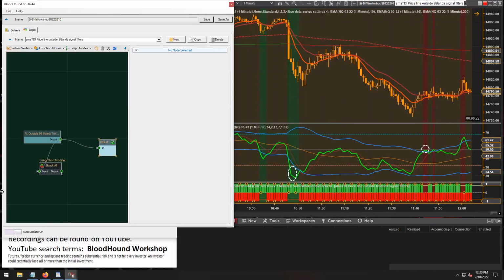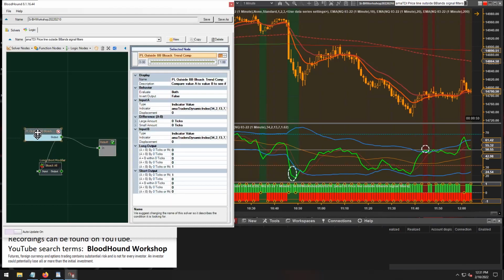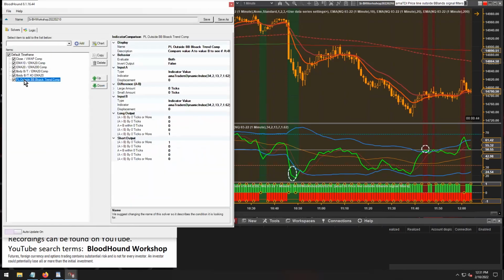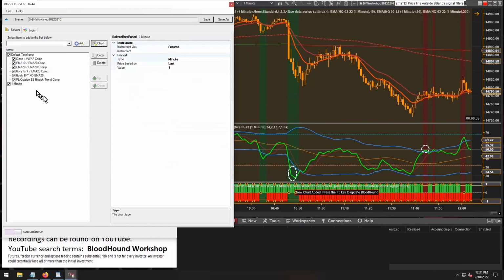So Vito is also using this for a multi-time frame system. If this filter is to act on other time frames, then you simply need to put this comparison solver on whatever time frame you want it to be used on. So over here on the solvers tab, we would use the chart button to add another time frame.